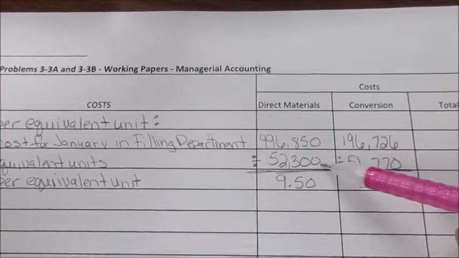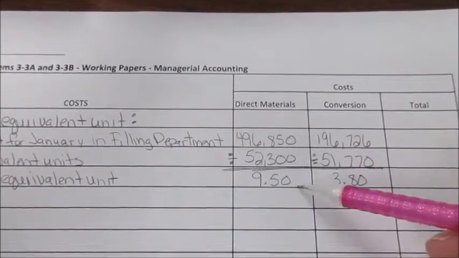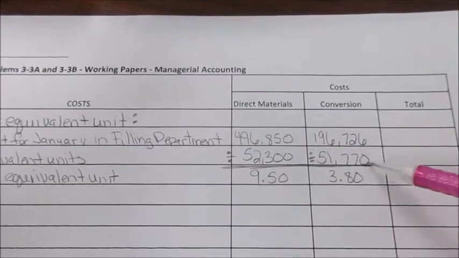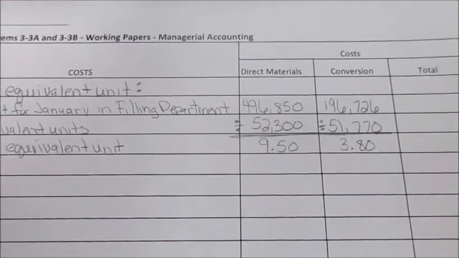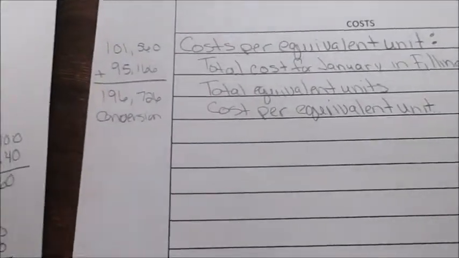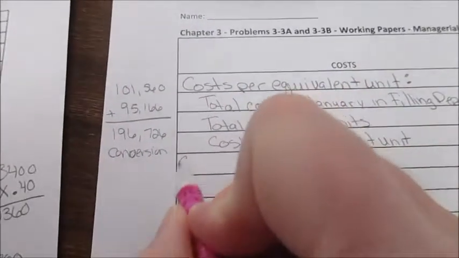So our total costs were $496,850. We created 52,300 units. So it took us down to $9.50 per unit. And the same with conversion was $3.80 per unit. Okay. So the next section is going to say costs assigned to production.